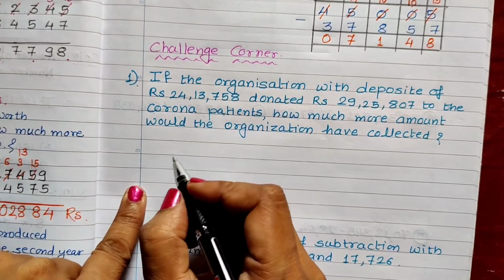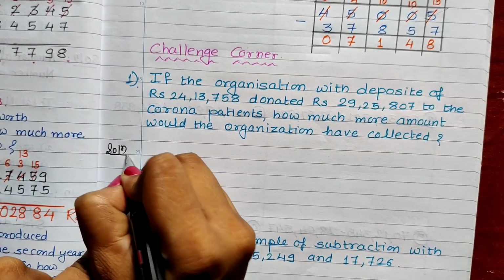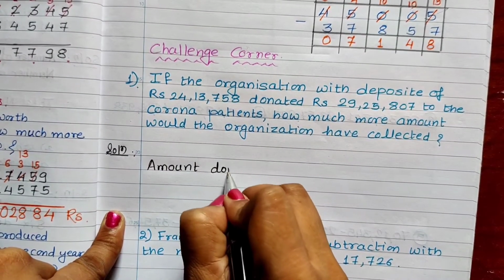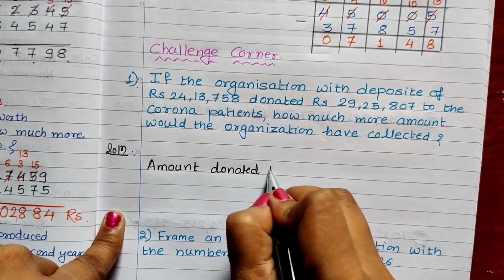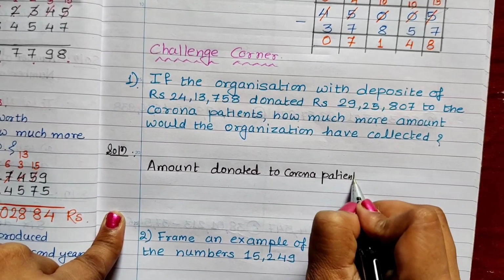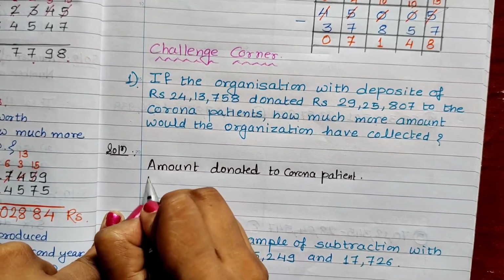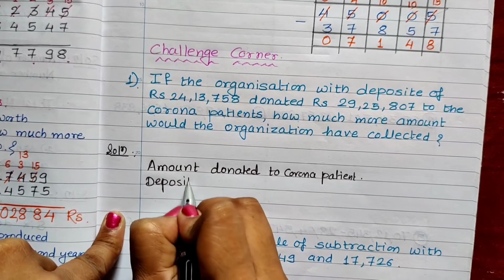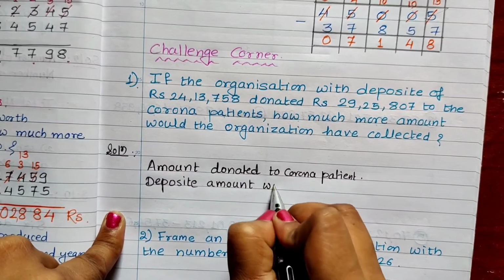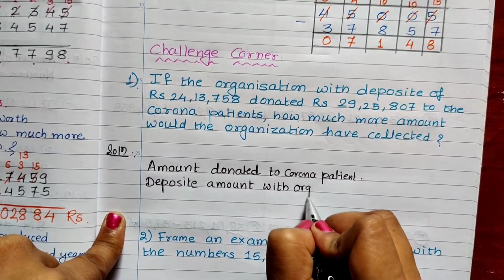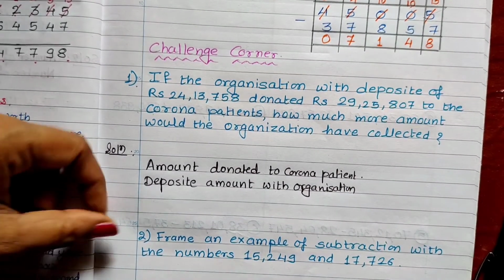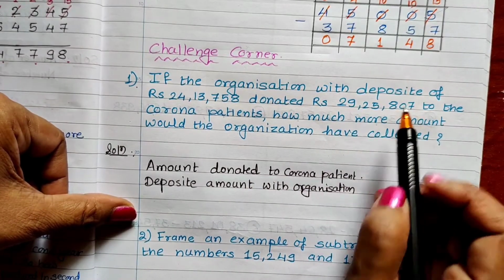So for the subtraction sum, we write the solution. Amount donated to corona patient, deposit amount with organization, okay, and more amount they have collected to make this much amount.